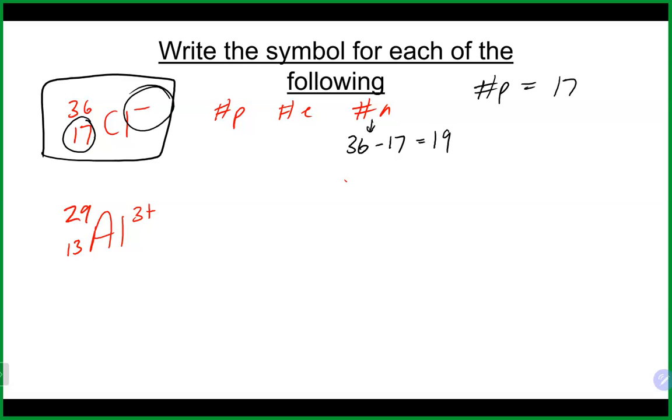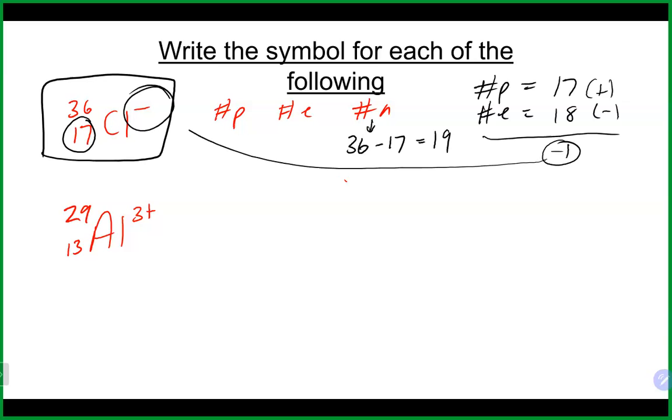So if it gained 1, this one would have 18 electrons. That gives us 17 positive protons and 18 negative electrons, which gives a net of 1 negative, which is where the charge comes from. Any questions on that there?